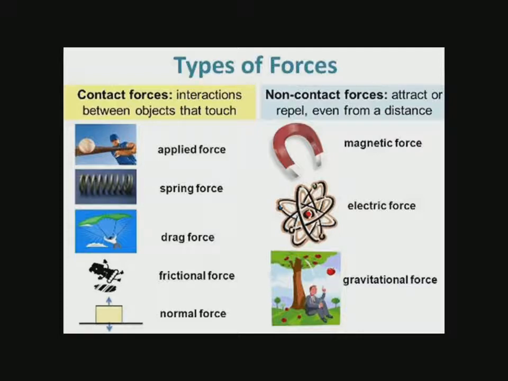As we can see, there is a physical interaction between the bat and the ball in contact forces, and in non-contact forces, as the apple is falling from the tree, there is a force being applied on the apple, but there is no physical interaction between them. Types of contact forces are applied force, spring force, drag force, frictional force, normal force. And types of non-contact forces are magnetic force, electric force, and gravitational force.